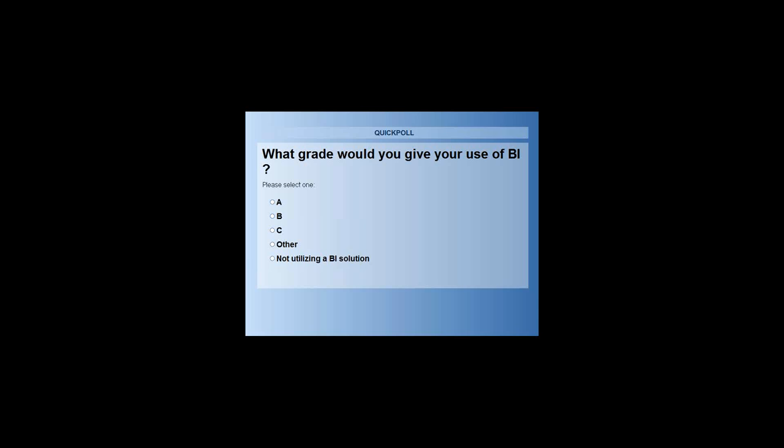Nobody has given themselves an A, 13% have given themselves a B. Okay, we're on average 20% B, 50% C, and 30% not using a BI solution. That's fascinating. Okay, I'll leave that up for another 10 seconds or so for those of you that may want to change your grade. Thank you for sharing that. I appreciate that very much.